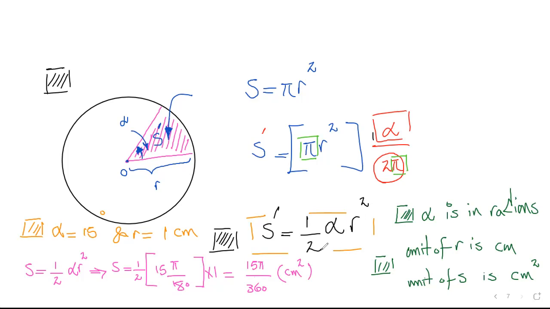Everyone's okay? Just the mere formula, just 1 over 2 alpha r squared. Now, there is 30 seconds to finish the course. Guys, look at this. So far, we used the conversion of radians to find the area inside the circle. But how about if I just want to see what the arc length is?